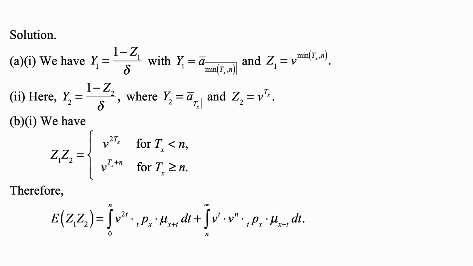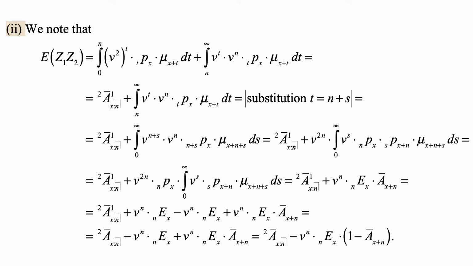Therefore, the expected value of Z1 Z2 is equal to the integral from 0 to n of v to the 2t times tpx times mu x plus t, that's the PDF of the future lifetime, plus the integral from n to plus infinity of v to the t times v to the n times tpx times mu x plus t dt.